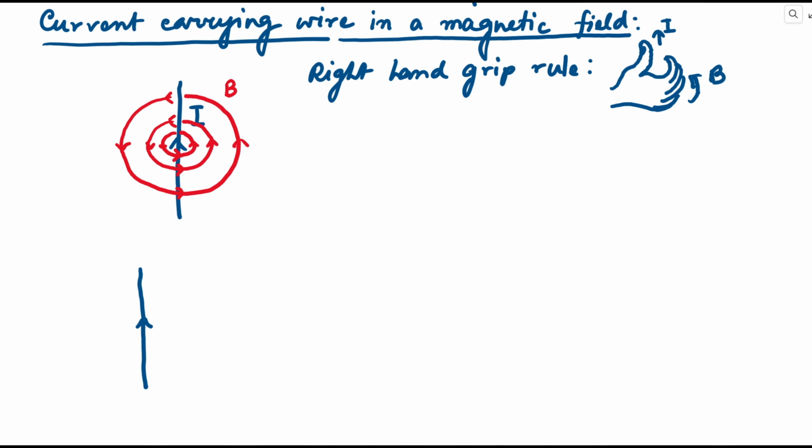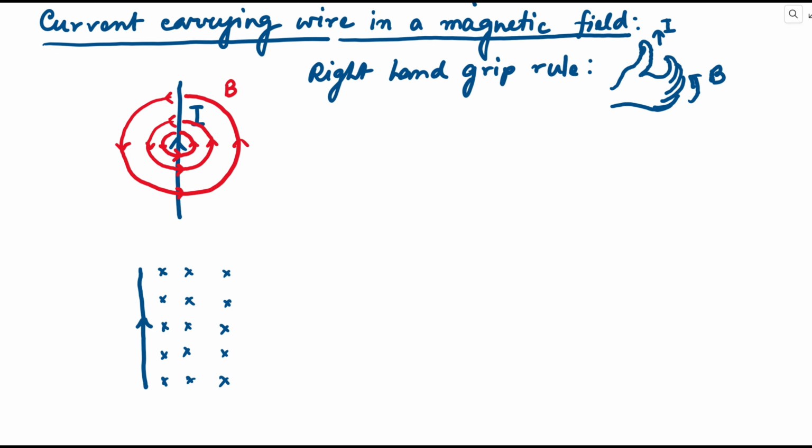And if we want to represent a vector which is pointing away from us, we can do it by drawing these vectors as crosses, because a vector pointing away from us is shown as a cross. Okay, and these crosses will be more dense close to the wire, and then as we go further away from the wire, it's less dense.